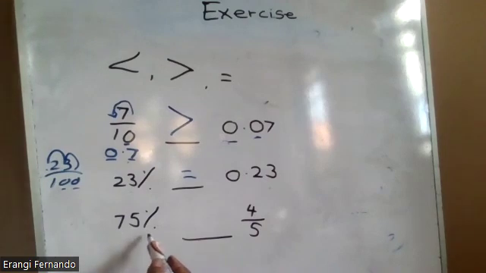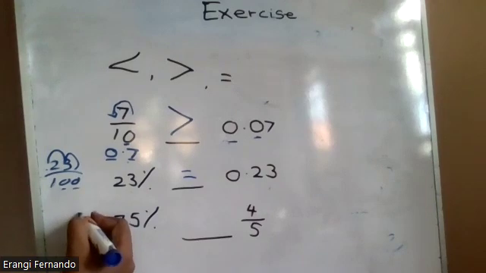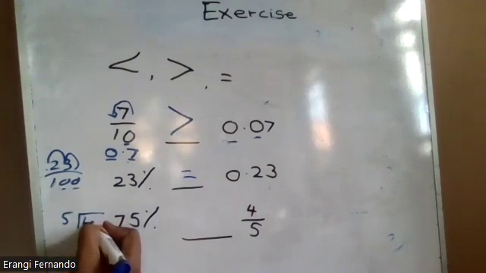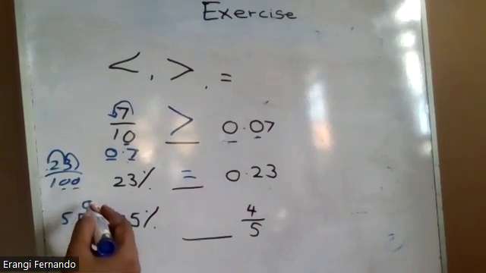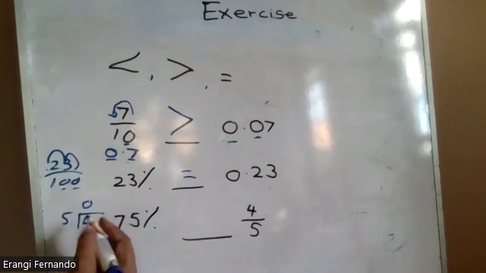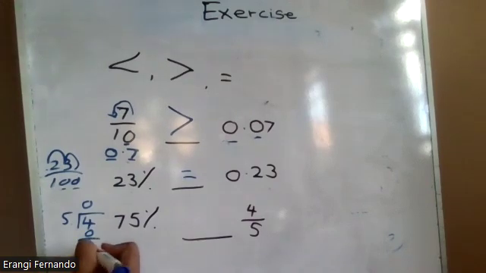Next one, 75%, 4 over 5. Let's divide 4 over 5. 4 you cannot divide, you have to borrow. 5 times 0, 0, 4, keep the decimal place, 40.